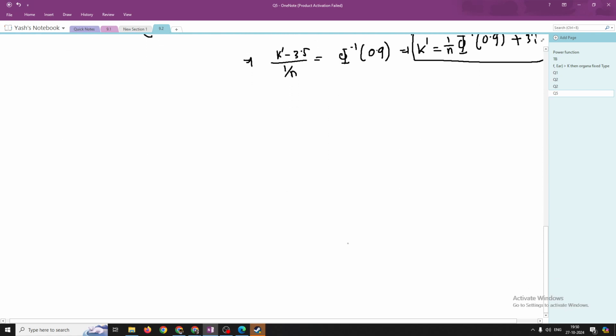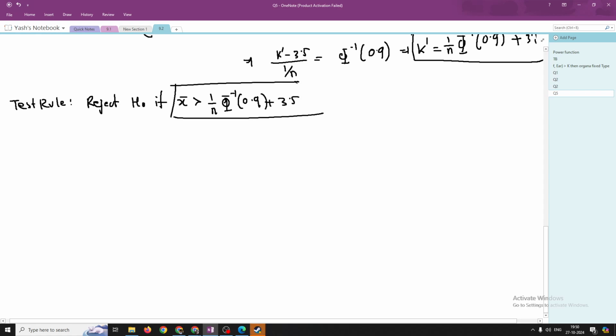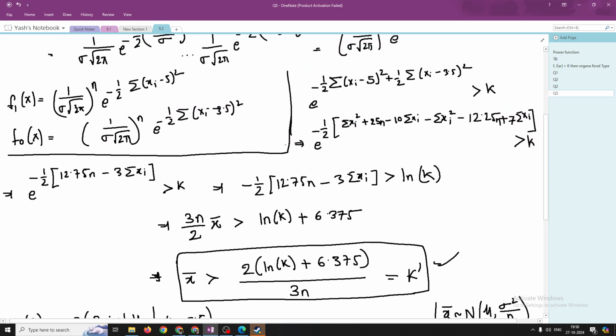So when I finally write my test rule, it is: reject H naught if x bar is greater than 1 by root n phi inverse of 0.9 plus 3.5. If this is my test rule, then two things happen. One, alpha is 0.1, and the second thing is beta is minimum, and that is what they have asked in the question.